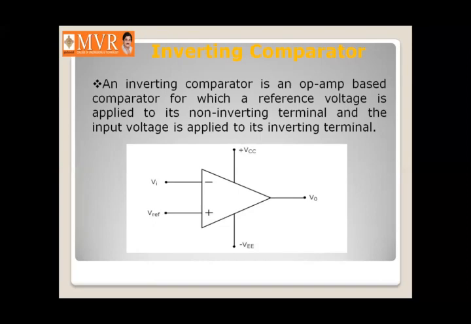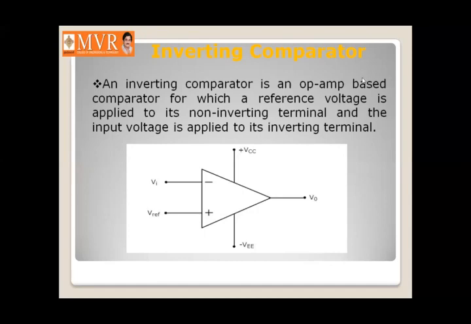That means the operational amplifier is going to switch between positive saturation and negative saturation regions. The positive saturation region depends upon the positive supply voltage applied to the operational amplifier, and the negative saturation region depends upon the negative supply voltage.